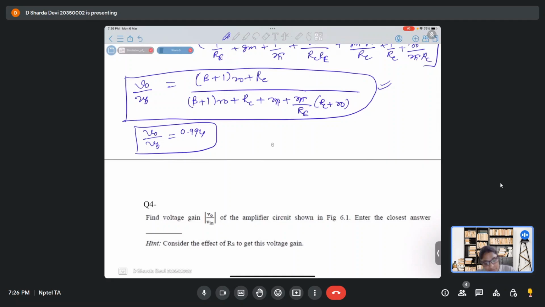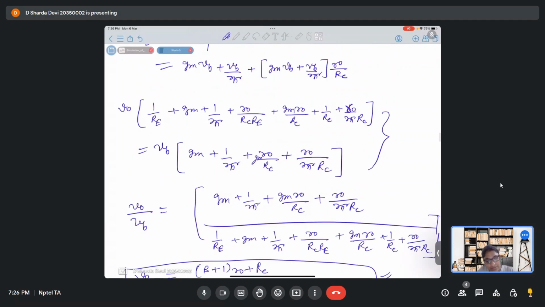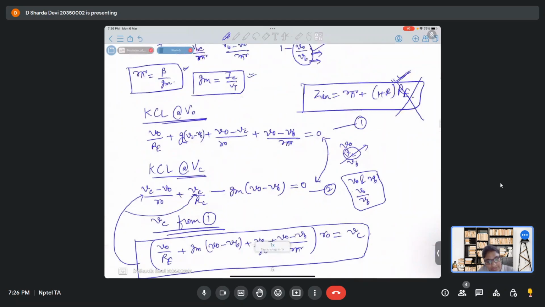So Zn was how much? It was R pi into 1 minus V0 by VB, right? Yeah, so it was 1 minus V0 by VB. So that is actually R pi. Did we calculate R pi? No, we didn't, right?